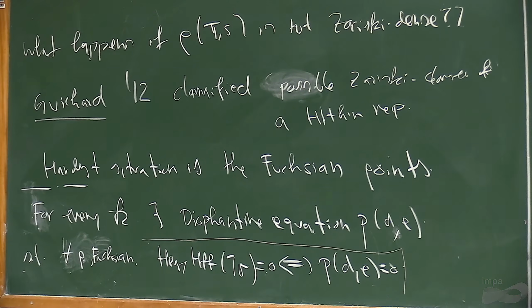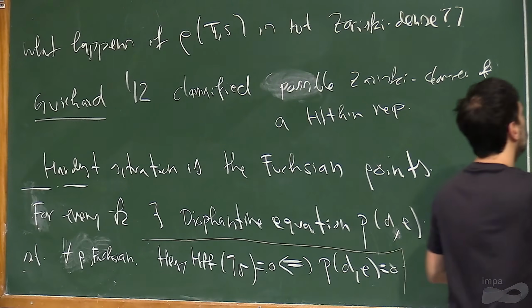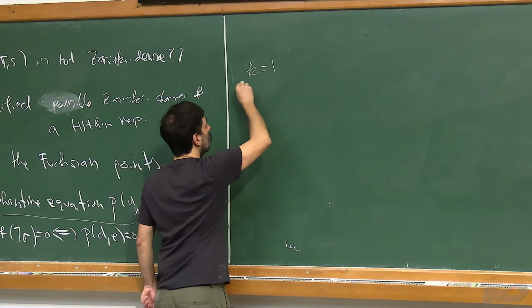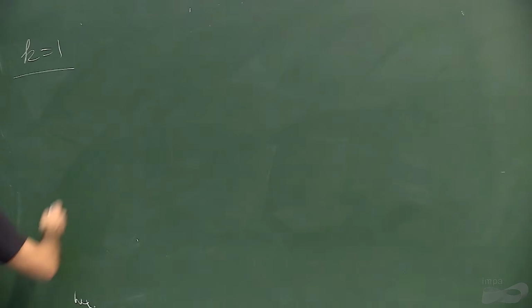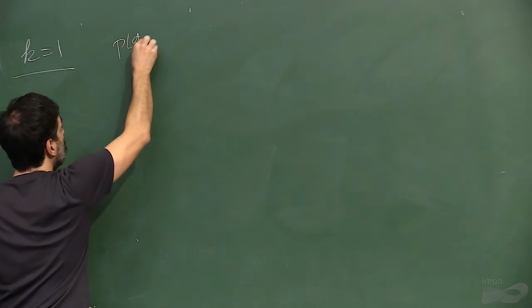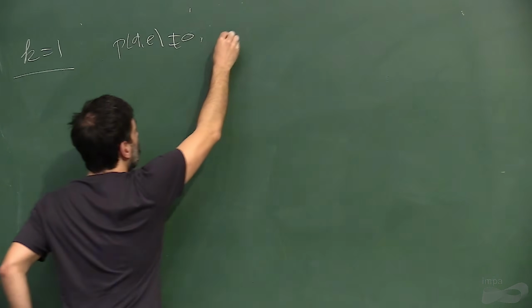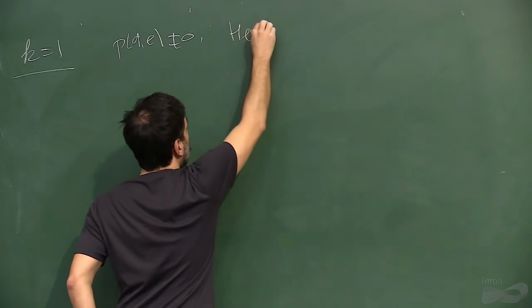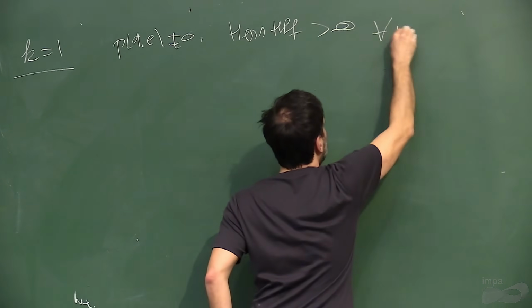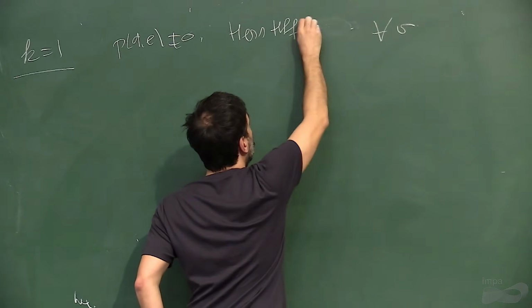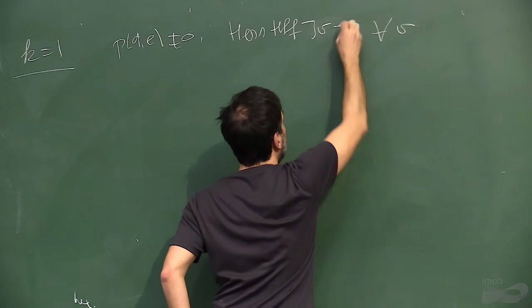So let me tell you what this gives you. For example, when k equals 1, I don't remember the equation, but it's very easy to see that it always works. So the projective space behaves nicely.